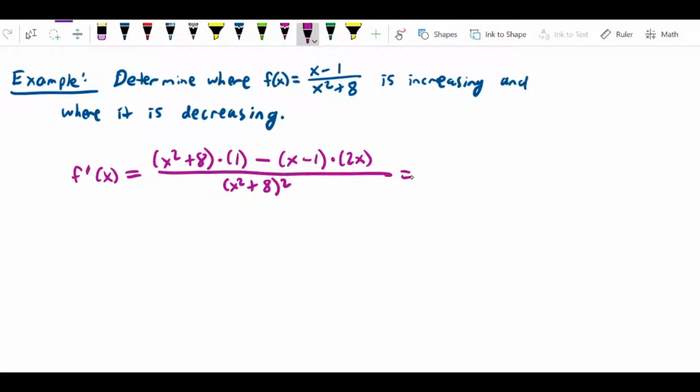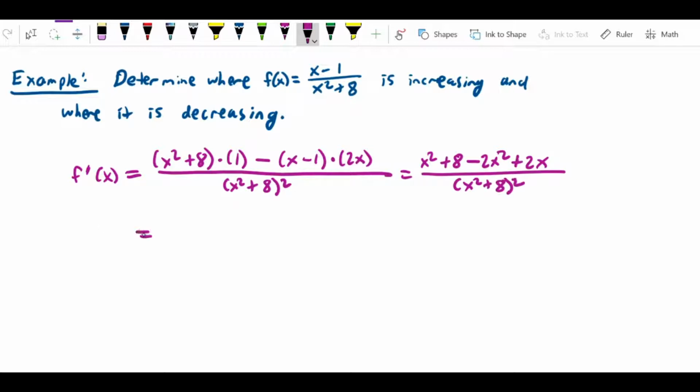If we simplify this a little bit, we get x squared plus 8 minus 2x squared, and then I have minus negative 1 times 2x, so that's going to be plus 2x, and then that's of course over x squared plus 8 squared.